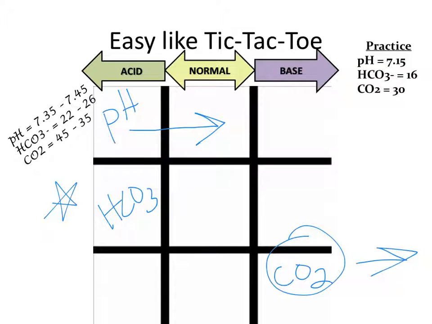It's not worked because the pH is still out of normal. So this is a partially compensated blood gas. So it's partially compensated metabolic acidosis. Let's try another one.